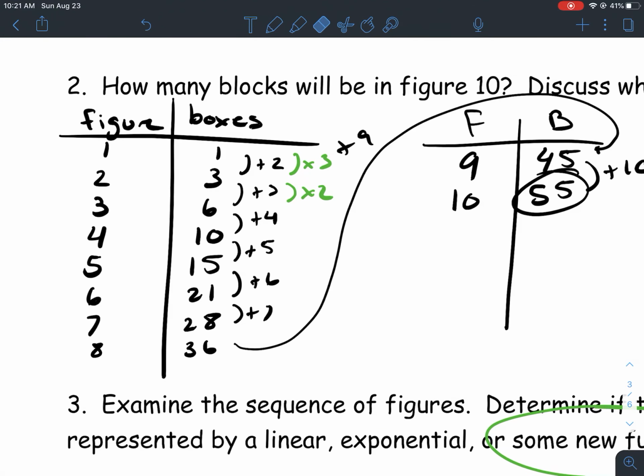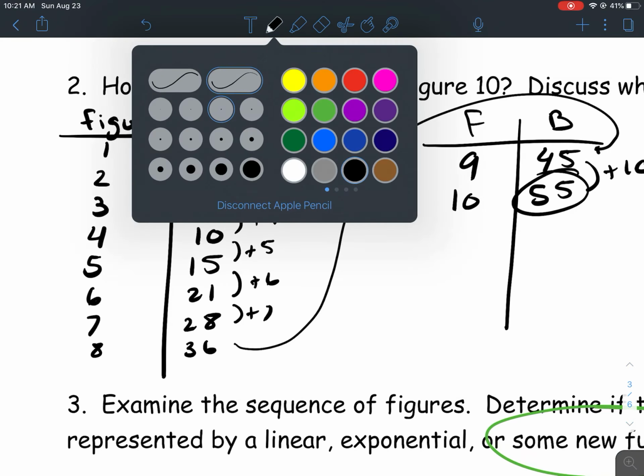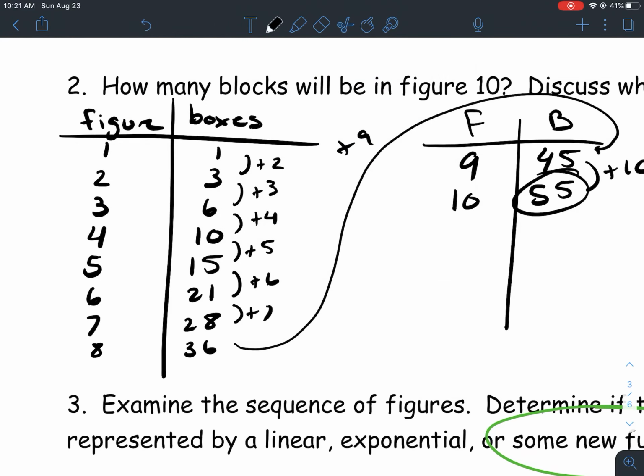Now, one thing I want to point out, and this is very important because we're going to learn about this new kind of function. Obviously, we don't have a common difference or a common ratio, but I want you to look at the change in this common difference, right? We went from 2 to 3 to 4 to 5. So there's something called a second difference.